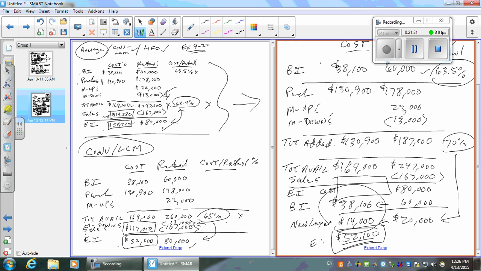This is the ending inventory total. What's my cost of goods sold then? 169 less 52,100 is 116,900. Obviously, if you change your ending inventory, you change your cost of goods sold by exactly the same amount, right? These are easy, aren't they? Kind of. Just trying to keep them straight is the only thing.